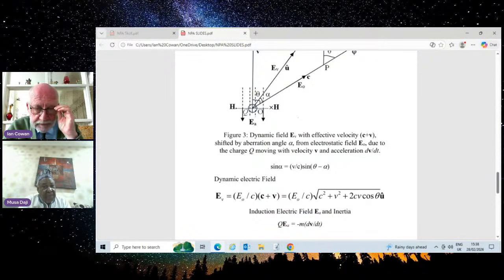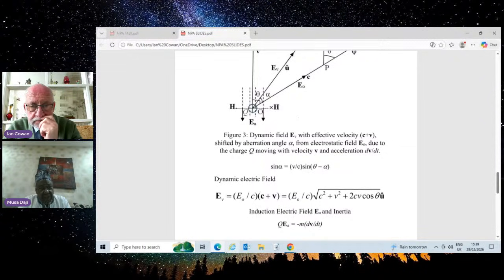So you can explain increase in energy of a moving charged particle, not by change in mass, but by increase in the electric field.